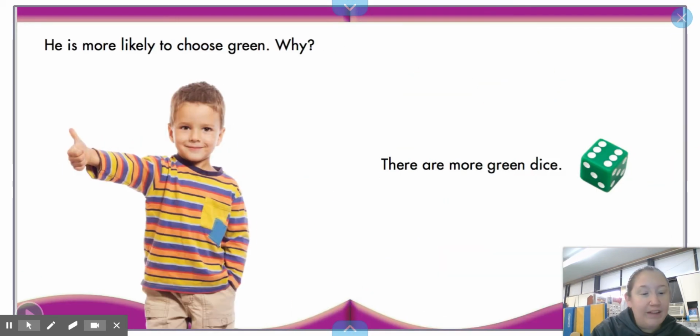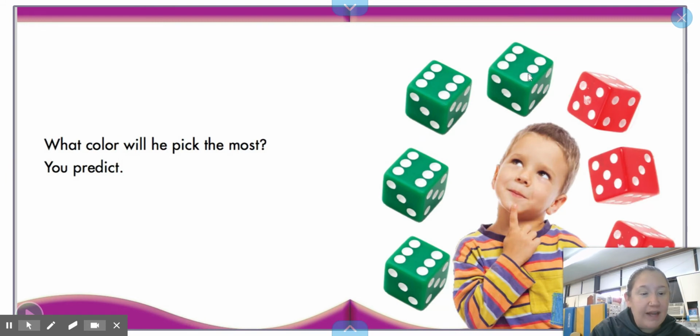He is more likely to choose green. Why? Because there are more green dice. If we go back, there is actually one more green dice than red. So he is more likely to pick green.